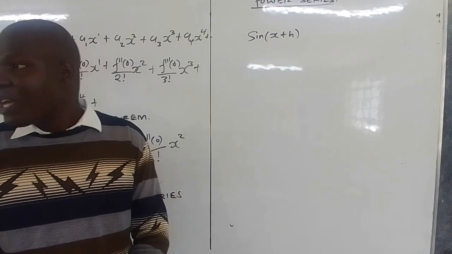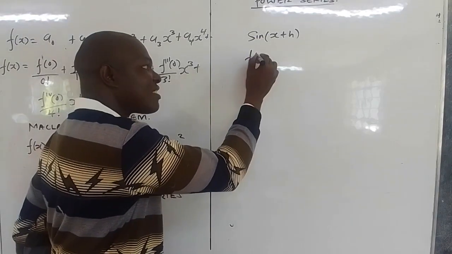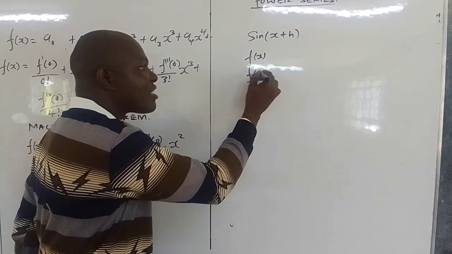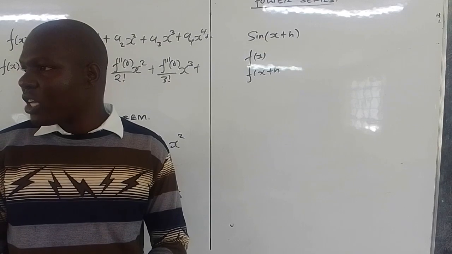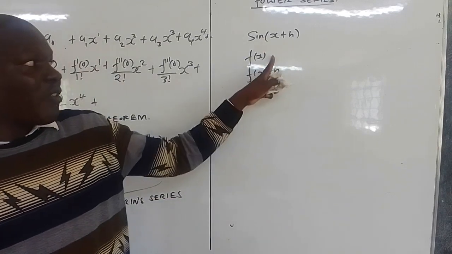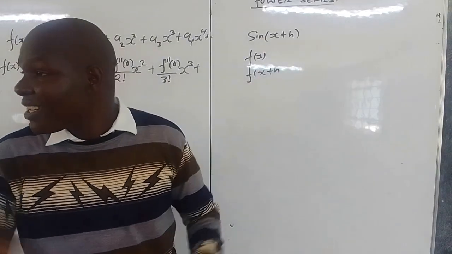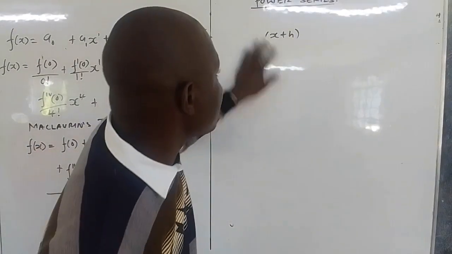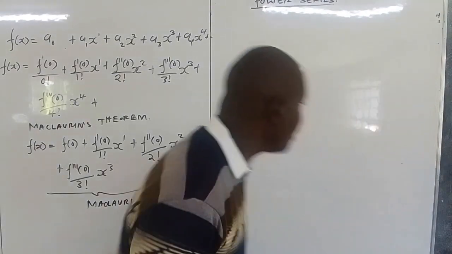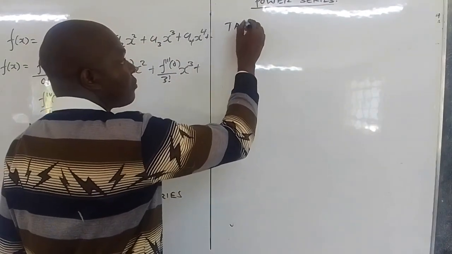So sometimes you will be told to expand this just as a function of x or as a function of x plus h. We want to see how that is coming about, isn't it? When you are told to expand as a function of x, it must be at a certain point, isn't it? So go to Taylor's theorem.